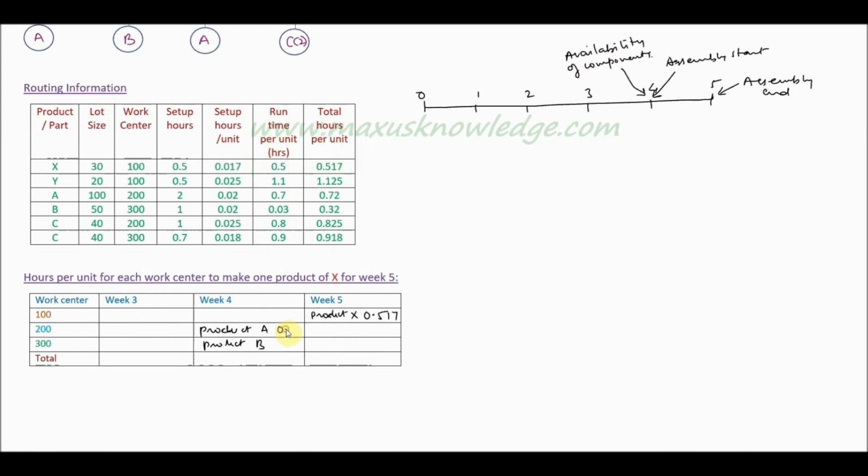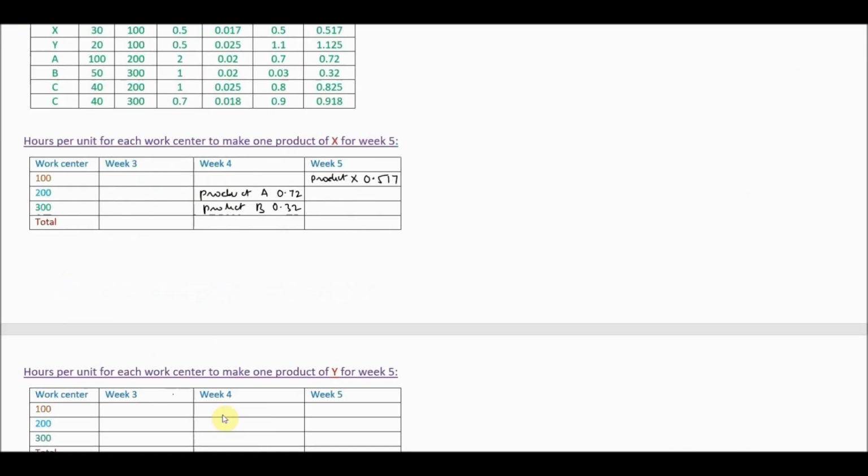So this will be 0.72. And product B requires 0.32. So this becomes 0.32 hours per unit. So this is how the requirement of hours per unit for each work center to make one product of X for week 5 looks like.